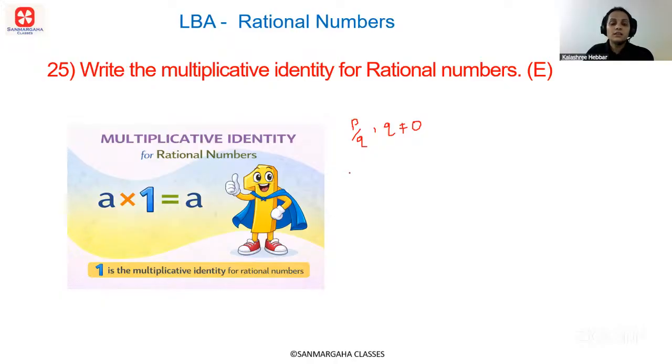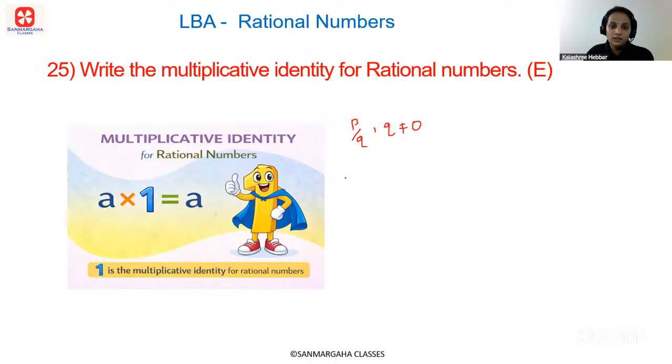Multiplicative identity is, for any rational number, if you multiply with 1, you get the answer as the same number. By multiplying 1 to any rational number, the value of the number does not change.